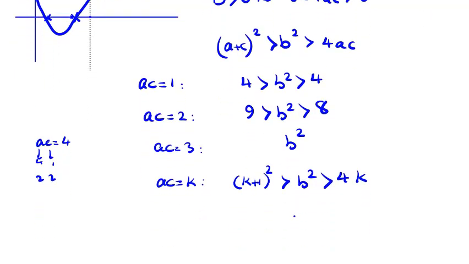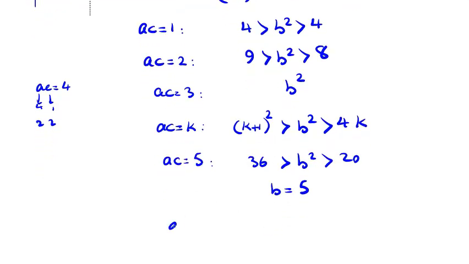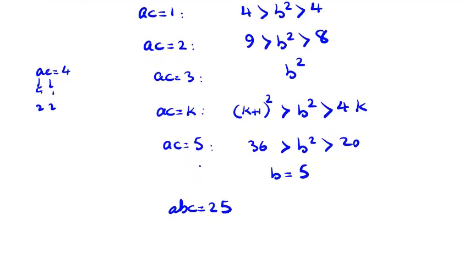Now, for ac equals 4, it will be 16 and it will be 25. We don't have any choice. If we consider ac equals 5, b squared is greater than 20 and less than 5 plus 1, 6 squared, 36. So b can be 5. So in this case, abc is 25.